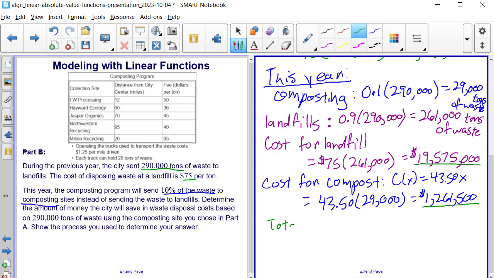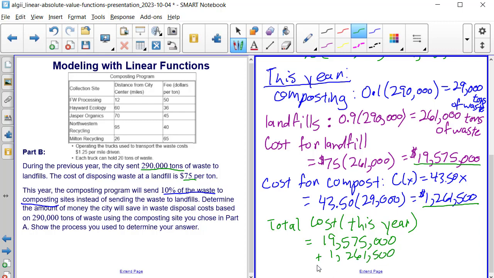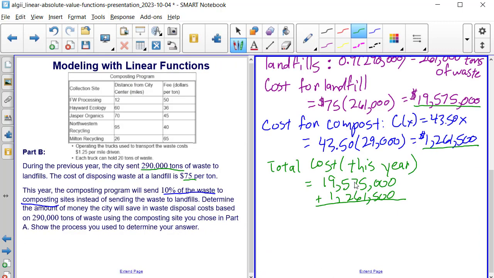And now if we add these two values up, we will find the total cost for this year. So total cost for this year is going to be equal to $19,575,000 plus $1,261,500. When we add these up, we end up getting $20,836,500.